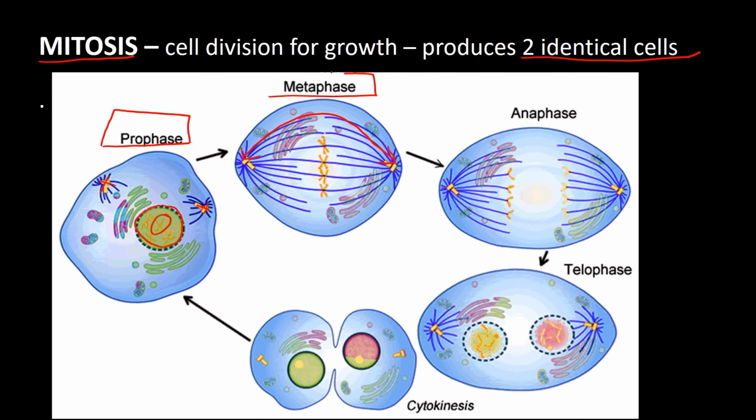Second stage is metaphase, and in metaphase the chromosomes arrange themselves along the middle of the cell. In anaphase, the chromosomes split, and a half a chromosome or a chromatid moves to each pole. The last stage of cell division is telophase, and that is when the chromosomes arrive at the poles and the nucleus starts reforming.